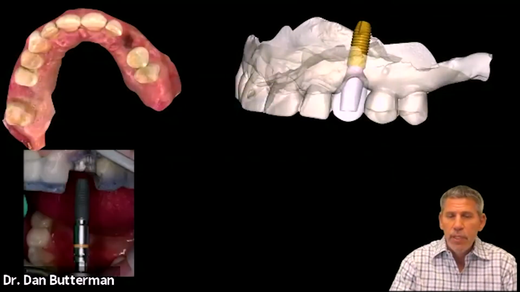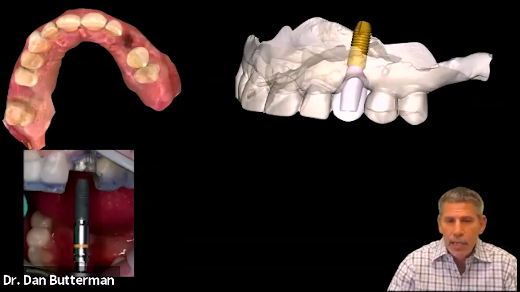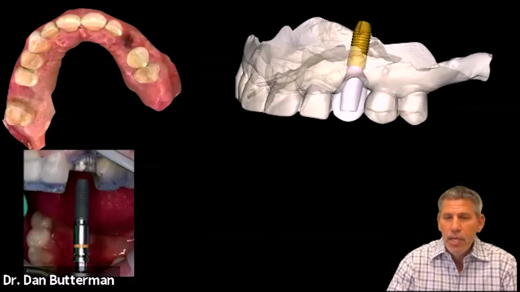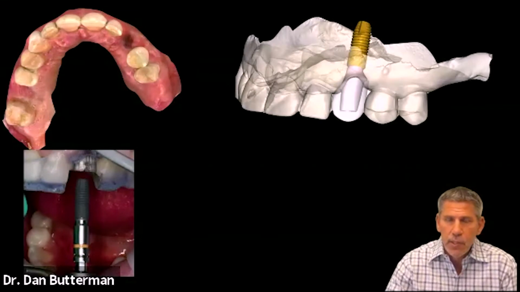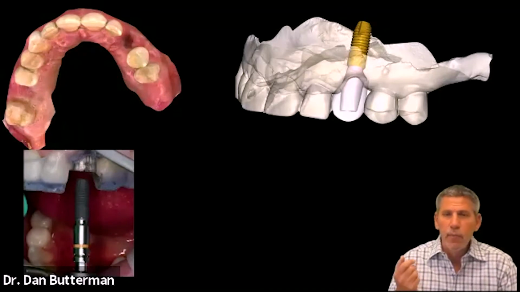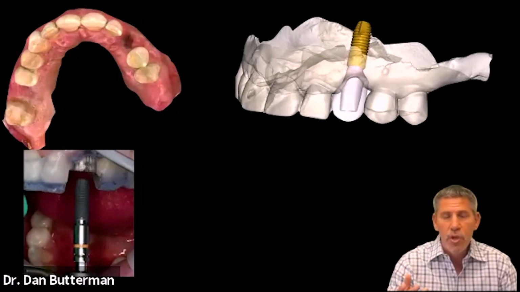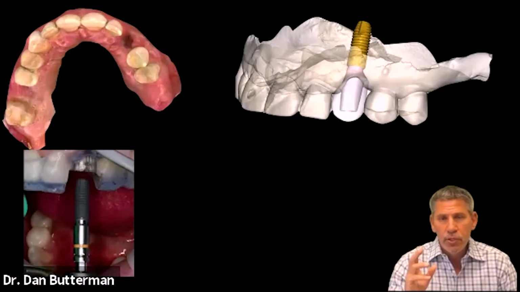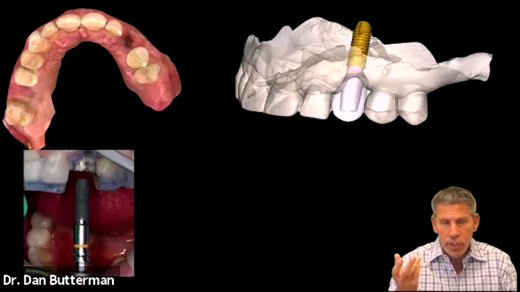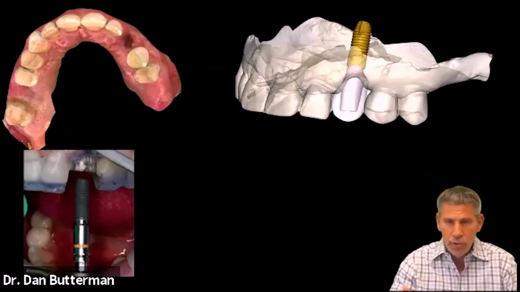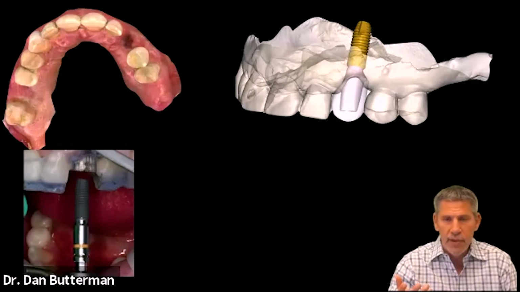So patient comes in, we perform a guided osteotomy and guided implant placement. Now, the trick for this and the reason that it works is because we are not just measuring and recording the depth of our implant with the guide and our angulation and position. We're also measuring and making sure that our rotational position is accurate as well, or the timing of our implant, because that's what's going to allow me to have the prosthetics made in advance.